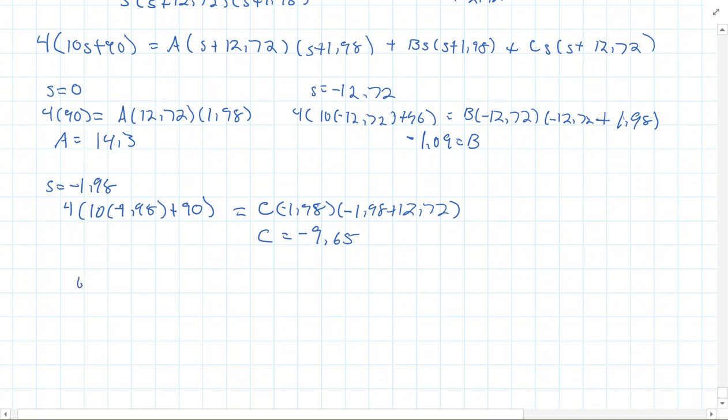That means what we'd get finally for my current is 14.3 minus 1.09 e to the negative 12.72 t minus 9.65 e to the negative 1.98 t.